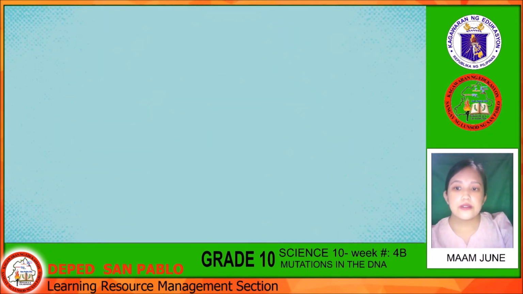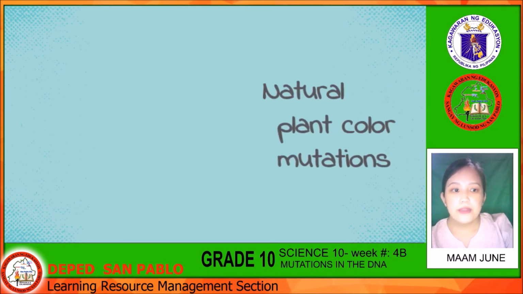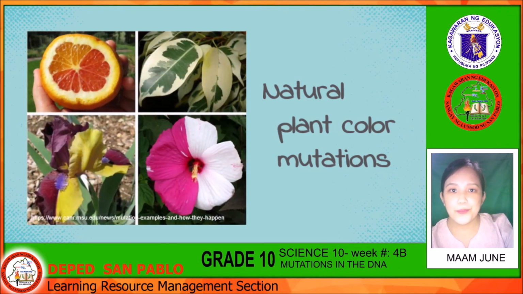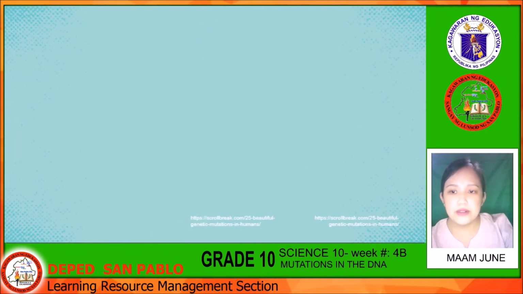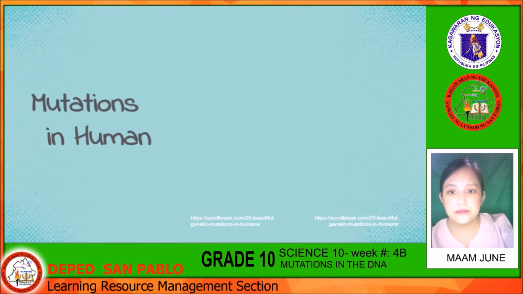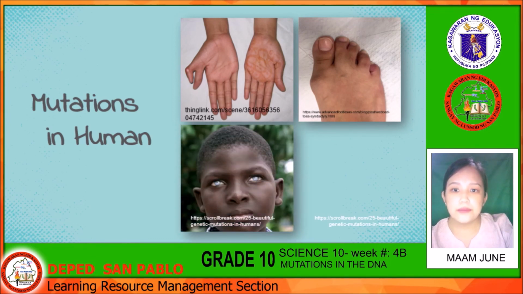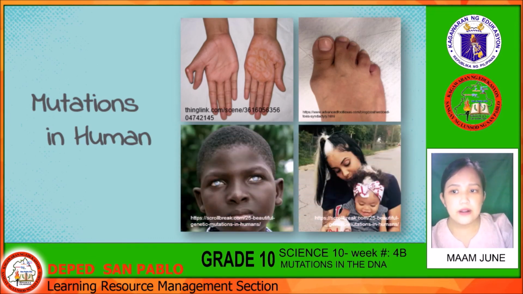While mutations occur at the micro level, they produce huge differences in the traits and characteristics that an individual can express. Common examples include natural plant color mutations, such as this, and medical conditions in animals such as polydactyly, syndactyly, ocular albinism, and hair color patterns.